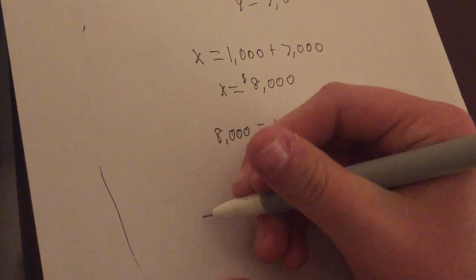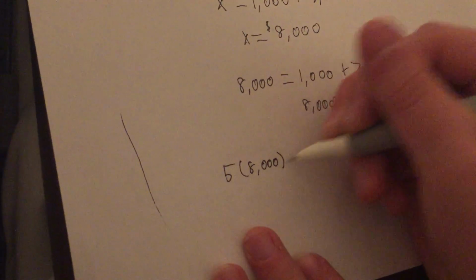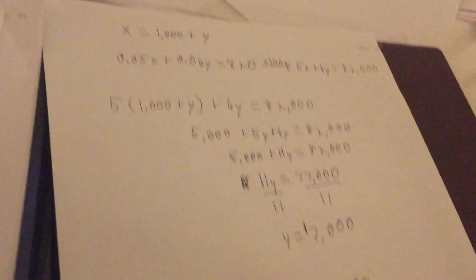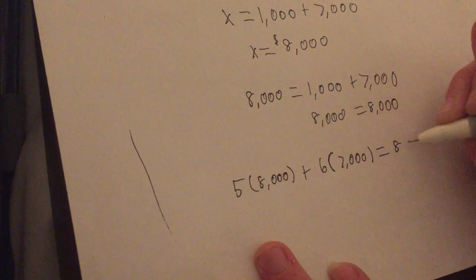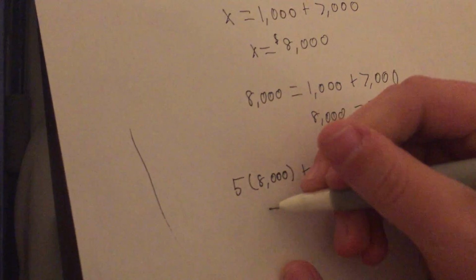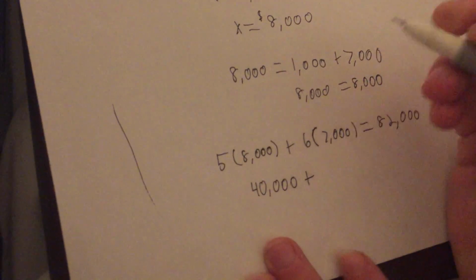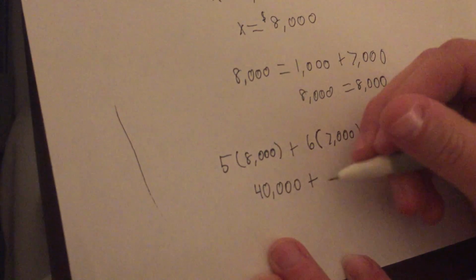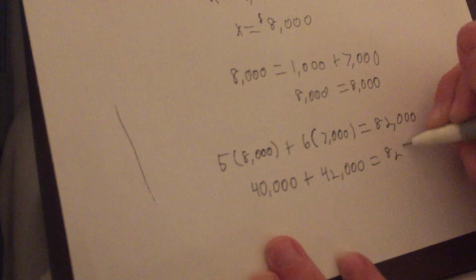Second equation, we have 5 times 8,000 plus 6 times 7,000 equals 82,000. You get 40,000 plus 42,000 equals 82,000.